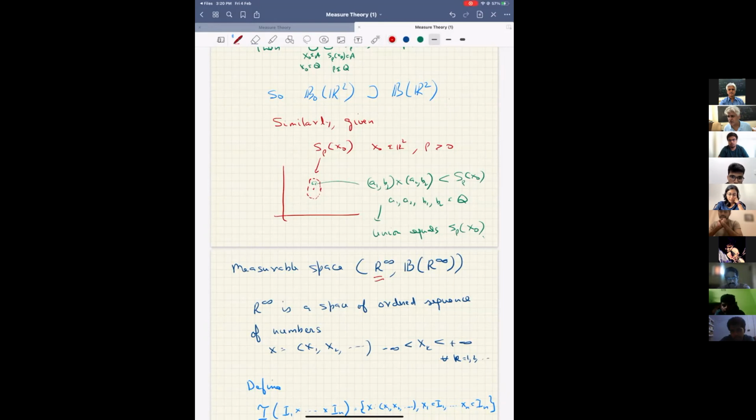R infinity is just a sequence of points, x1, x2, and so on, where each xk takes a value in the real line. So that's my space. I collected all these infinite series of real numbers, right? So now the question: how do I define a sigma algebra here in a way that later it becomes easy for me to assign a probability measure to each of these sets?